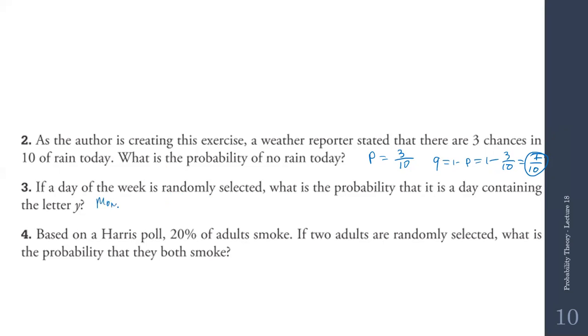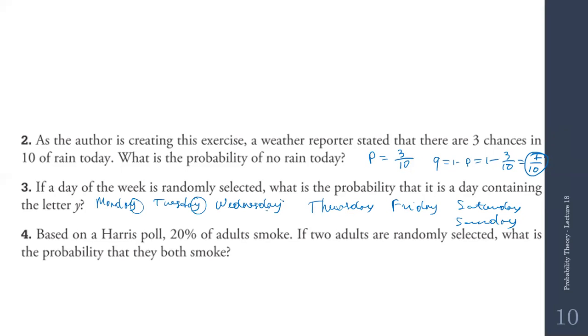We have Monday, Tuesday, Wednesday, Thursday, Friday, Saturday, Sunday, containing the letter Y. We have Y here, Y, Y, Y. So the probability of selecting is 1, which is a certain event.